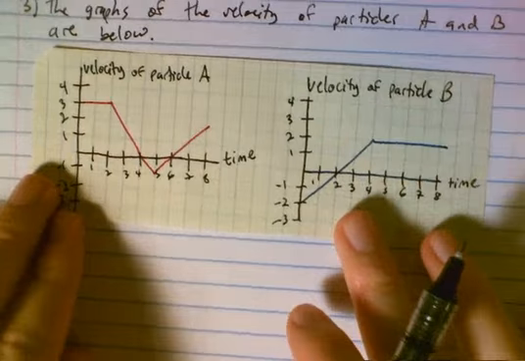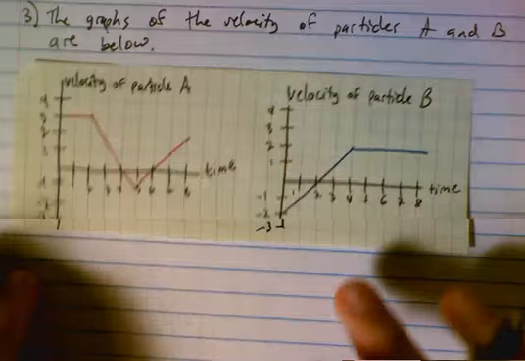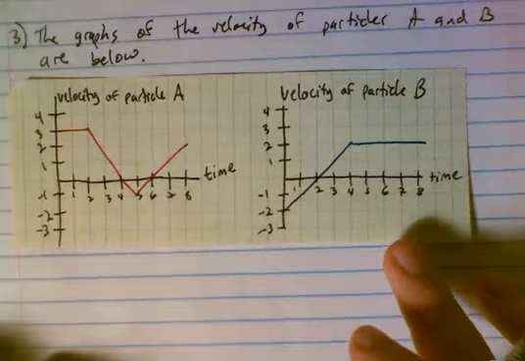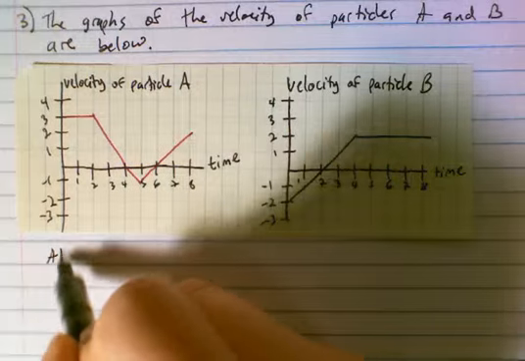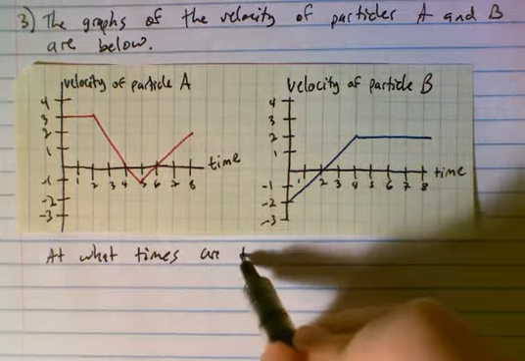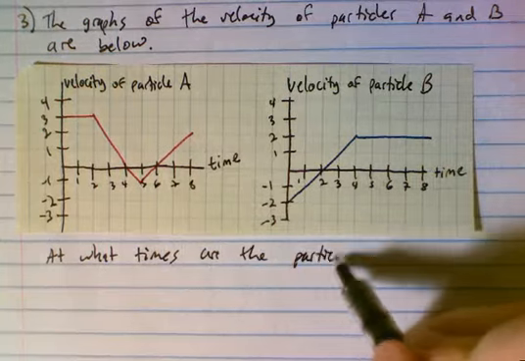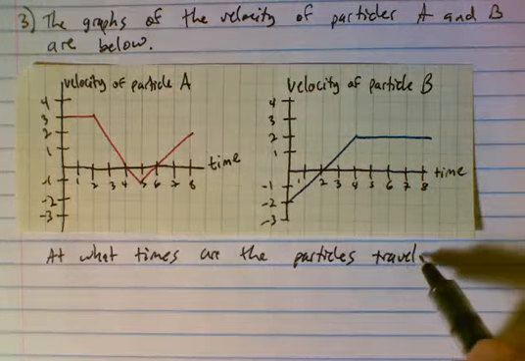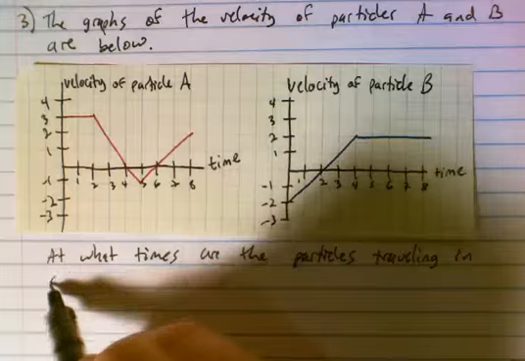So here's velocity of particle A, velocity of particle B. At what times are the particles traveling in opposite directions?